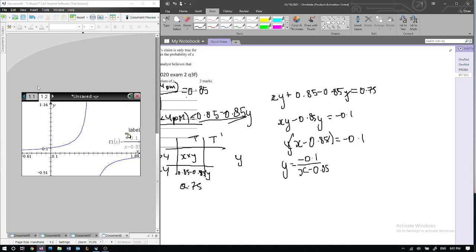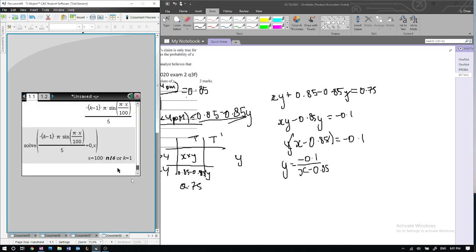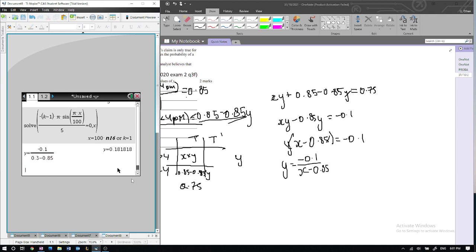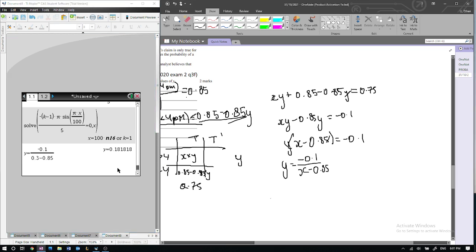So if I go to my calculator, if I sub in x is equal to 0.3, y is equal to negative 0.1 over 0.3 minus 0.85. Okay, so there's my minimum value number 1. y min is equal to 0.18.